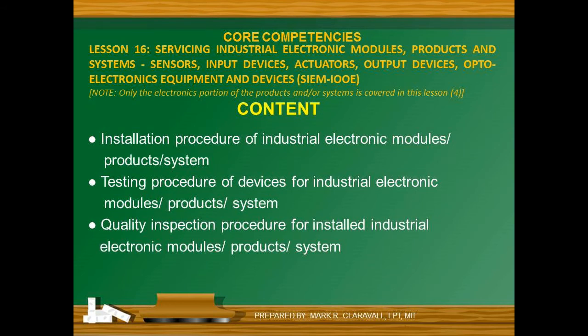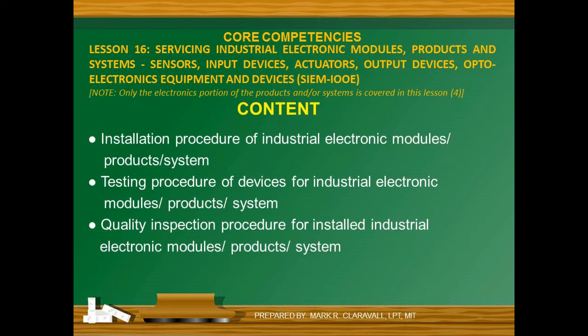Core Competencies. Lesson 16, Servicing Industrial Electronic Modules, Products and Systems, Sensors, Input Devices, Actuators, Output Devices, Optoelectronics Equipment and Devices, NCII. Note: only the electronics portion of the products and/or systems is covered in this lesson. 4. Content.